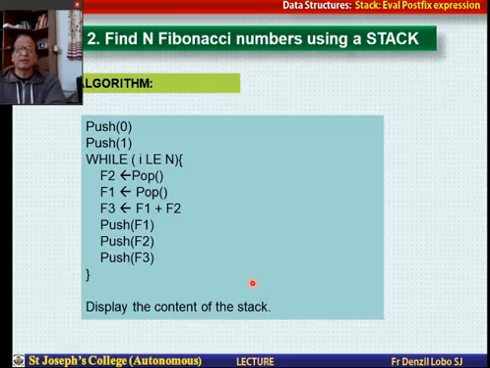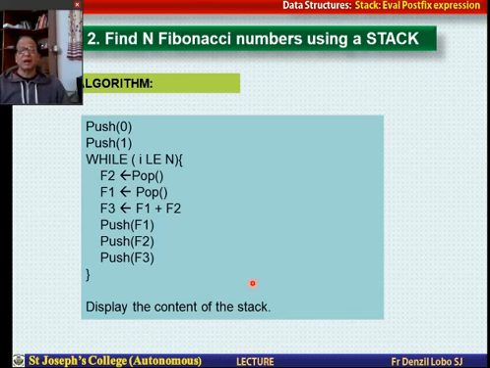So let us get into the second exercise, to find n Fibonacci numbers. Fibonacci numbers are very important, and they start with 0, 1, 1, 2, etc. It goes on. Now the third Fibonacci number is got by adding the first 2 Fibonacci numbers.